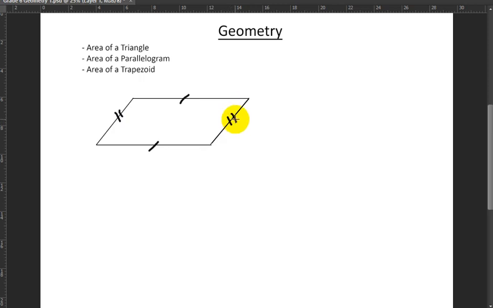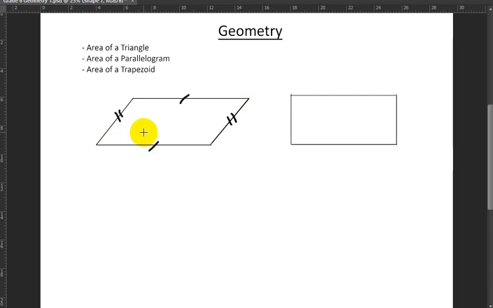If we had a rectangle, apart from having 4 sides being equal and parallel, we would also have to have 4 right angles. So as you can see here in the rectangle, we have 4 right angles, whereas here the angles are not right.